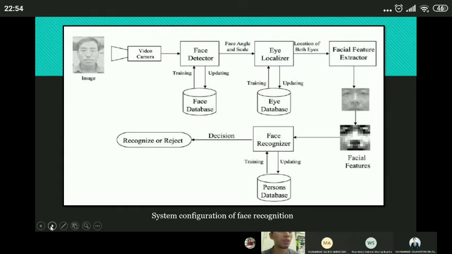Then they go to the facial feature extractor to make it clearer. Then go to the face recognizer. Then they save in the person database updating. Then go to recognition or reject, which is if your face is the same as in the database, then you will be recognized. If not the same as the database, the image will be rejected. Thank you.